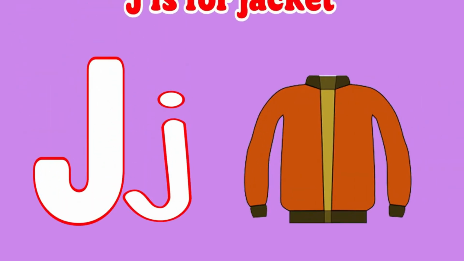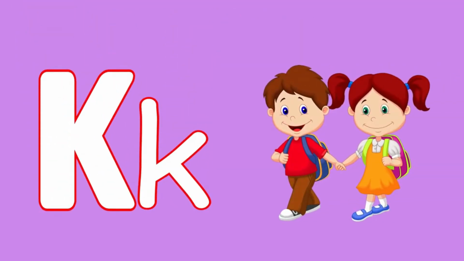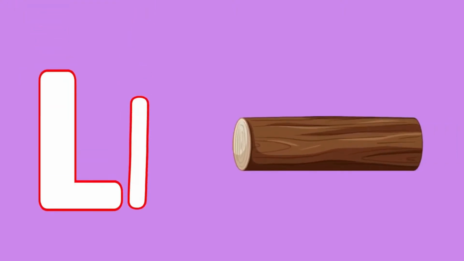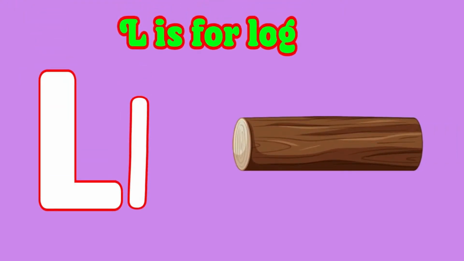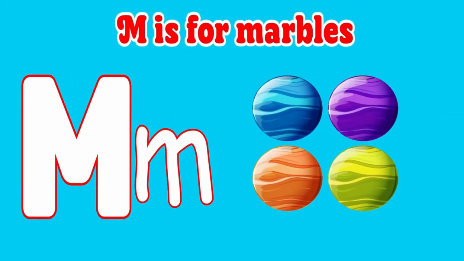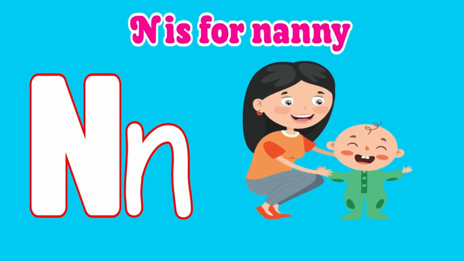J is for jacket. K is for kids. L is for log. M is for marbles. N is for nanny.